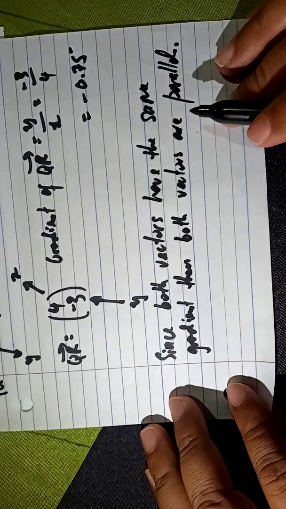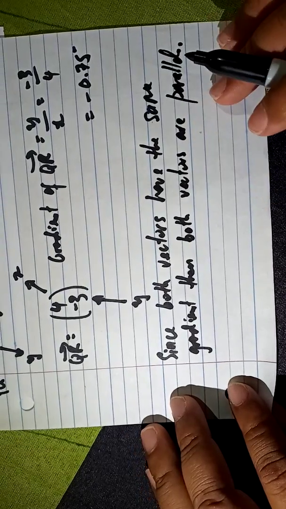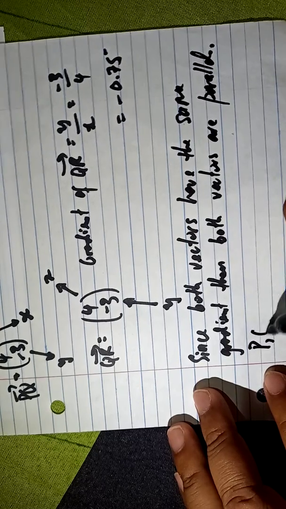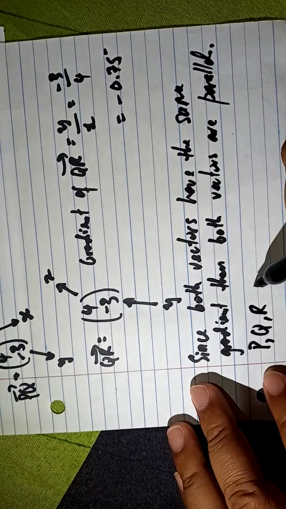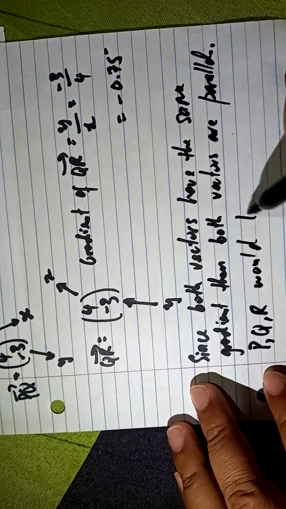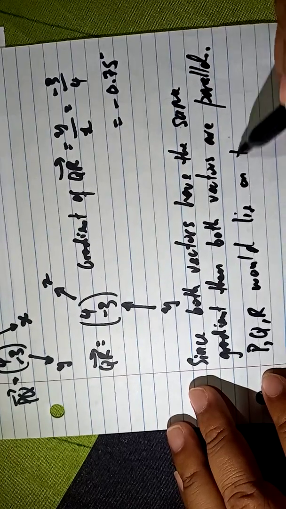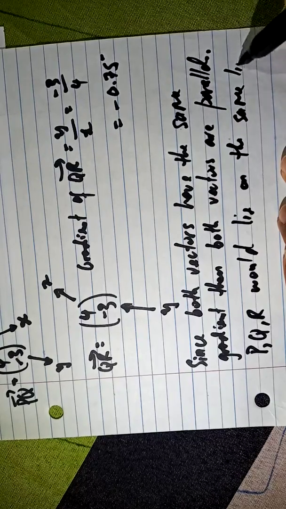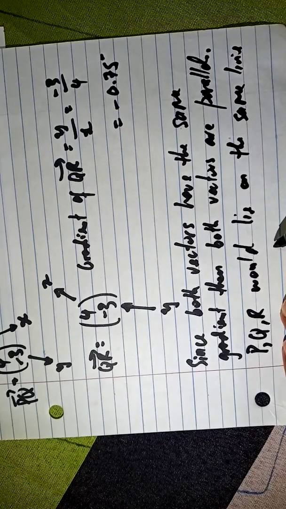Now if both vectors are parallel, it would mean that the points P, Q, and R would lie on the same line. In other words, they are co-linear.